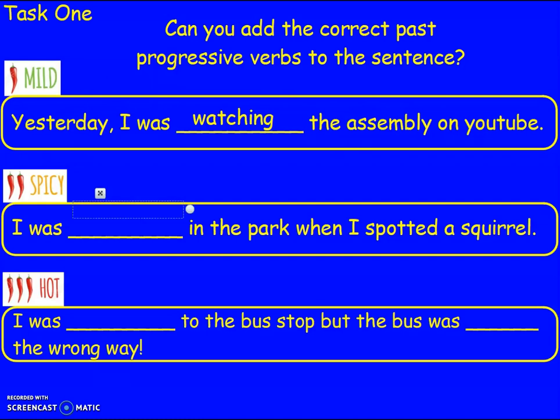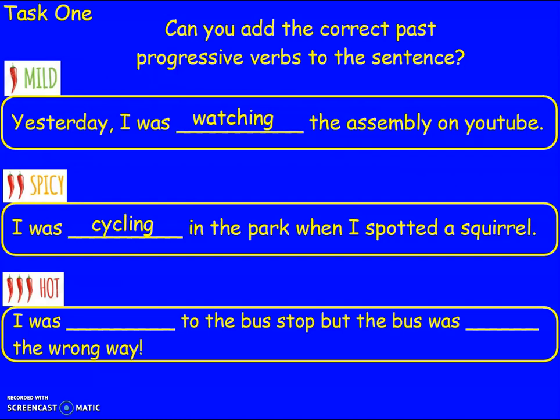Let's have a look at spicy then. Okay. I was something in the park when I spotted a squirrel. So you might have been playing, cycling, running, walking. Okay. Those would all be okay. So I'm going to type cycling. I was cycling in the park when I spotted a squirrel.